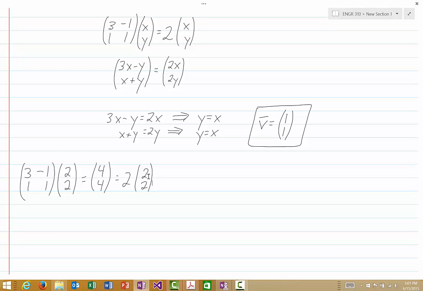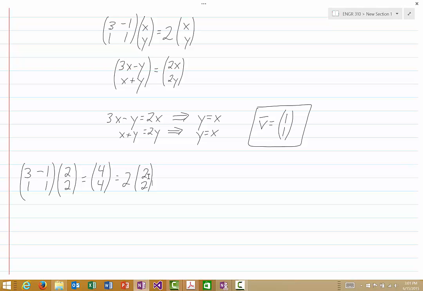Now, what do we mean by that? A matrix is said to have a complete set of eigenvectors if the number of linearly independent eigenvectors is equal to the degree of the matrix. In other words, if it's a 5 by 5 matrix and it has a complete set of eigenvectors, then that means it has 5 linearly independent eigenvectors.